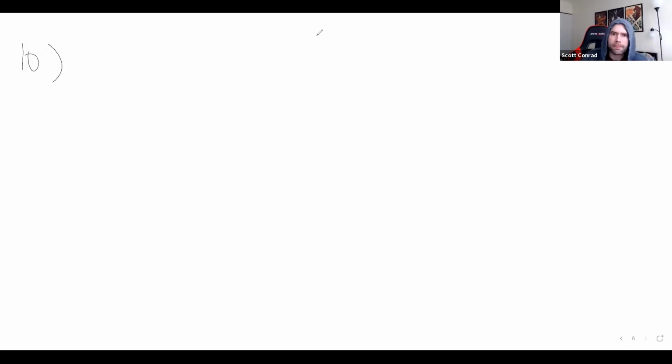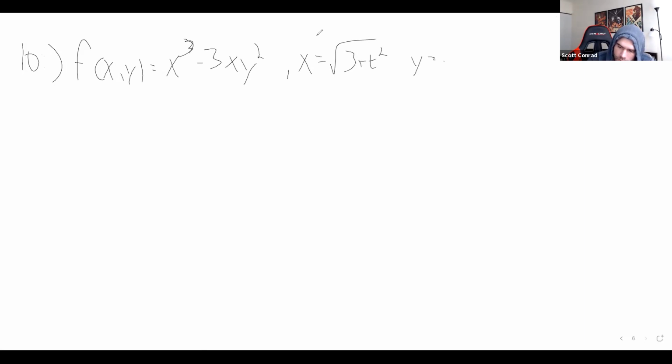Okay, so number 10. Let me do this one real quick just so I can get the answer. So f of x, y is x cubed minus 3xy squared, x is root 3 plus t squared, and y is 4 minus natural log t.